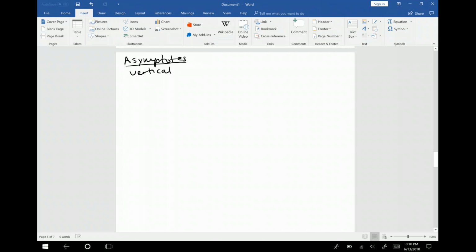Okay, so vertical asymptotes. We have a definition in calculus, and we say that x is equal to c, where c can be any number, is a vertical asymptote if either of these things occur.